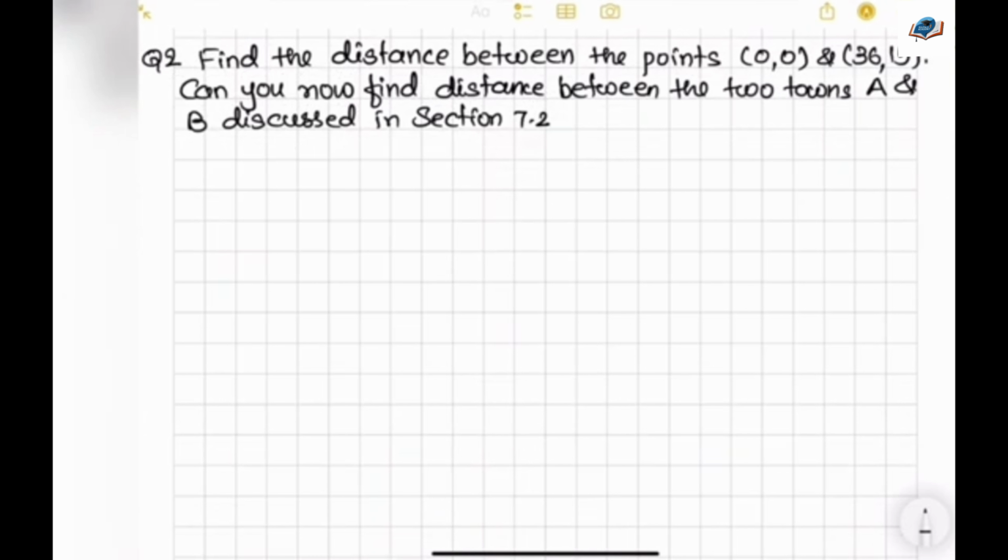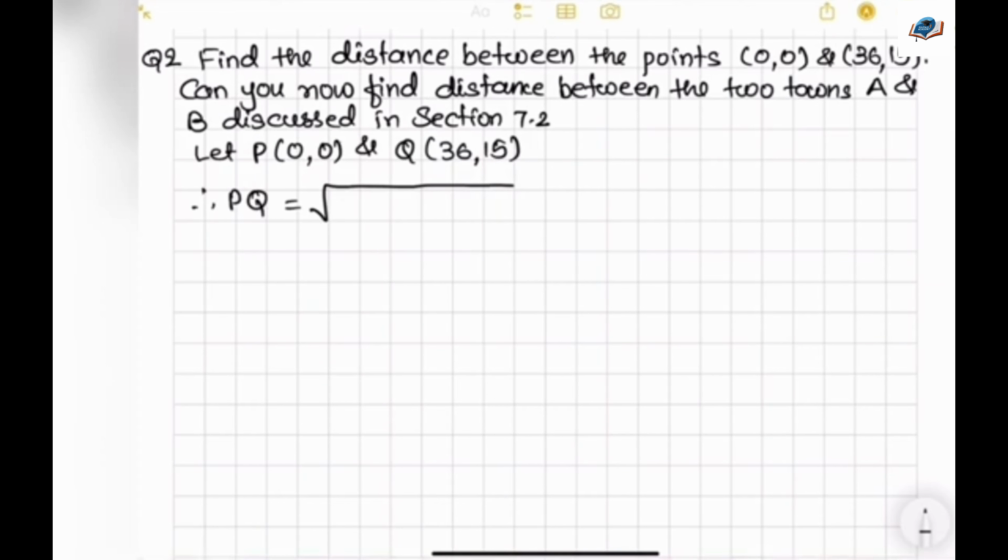Now question 2 says find the distance between the points (0, 0) and (36, 15). Can you now find the distance between the two towns A and B discussed in section 7.2? So now let P be (0, 0) and Q be (36, 15). Therefore, PQ will be equal to (x2 minus x1) whole square plus (y2 minus y1) whole square.